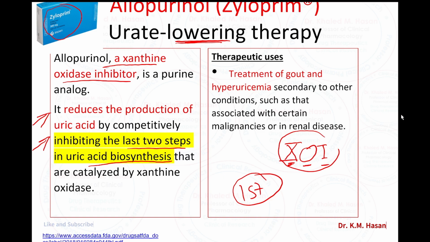Moving to the therapeutic uses, allopurinol is used for treatment of gout and hyperuricemia, and this could happen secondary to other conditions.